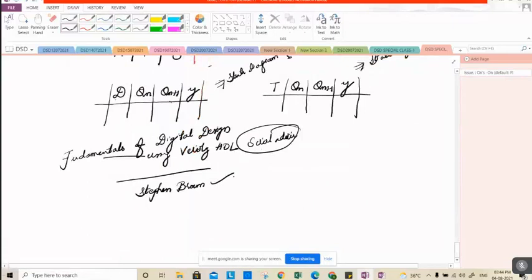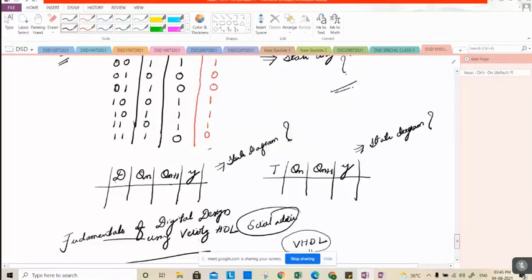See, there are two books, digital logic and digital design. One is Verilog HDL. The same author has written this also: Fundamentals of Digital Design using VHDL. Read this book and ask me doubts on Verilog. Don't say that the Verilog code you saw is different from what I tell. If you are reading from this particular textbook, then it is not Verilog code, it is VHDL code, for which the syntax is different.